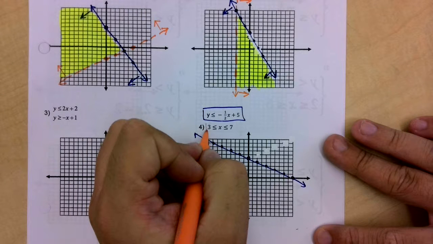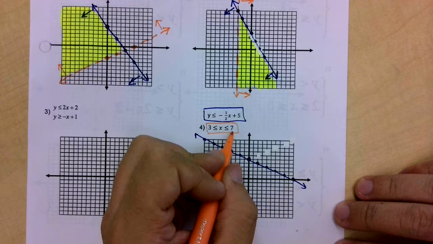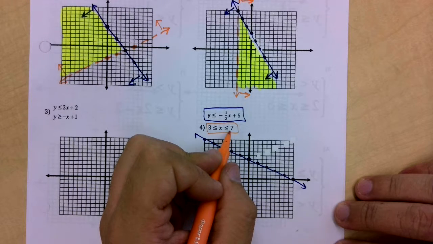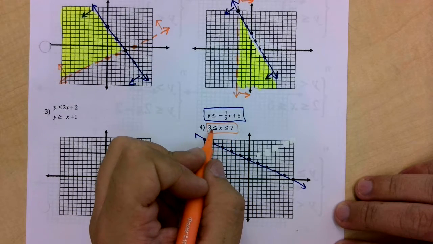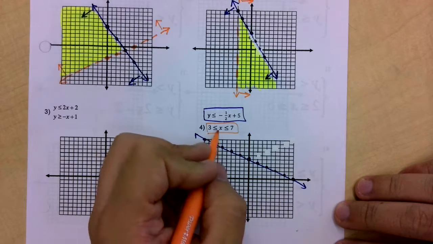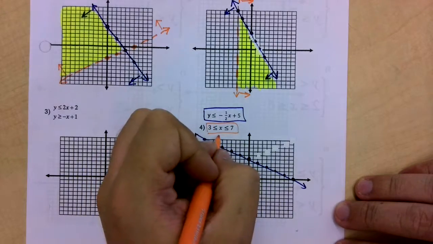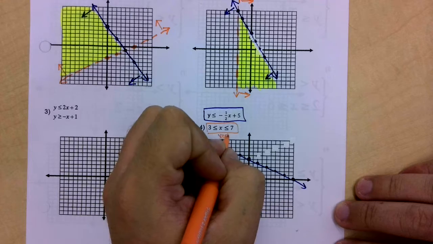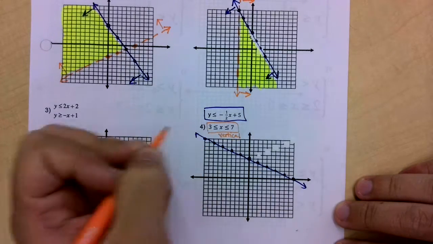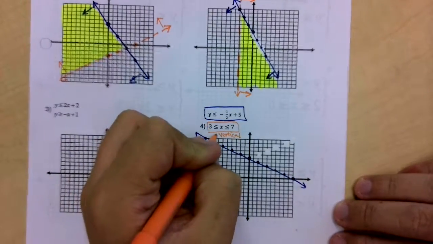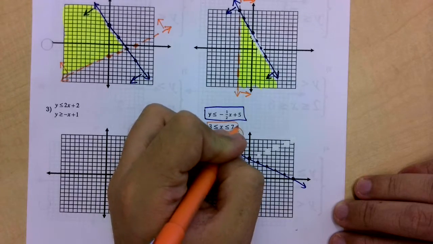Now, the x is in the middle. It is trapped in between the 3 and the 7. So that means I'm going to want to put one up at 3 and one up at 7. But again, this is an x, so it is vertical, at 3, and at 7.